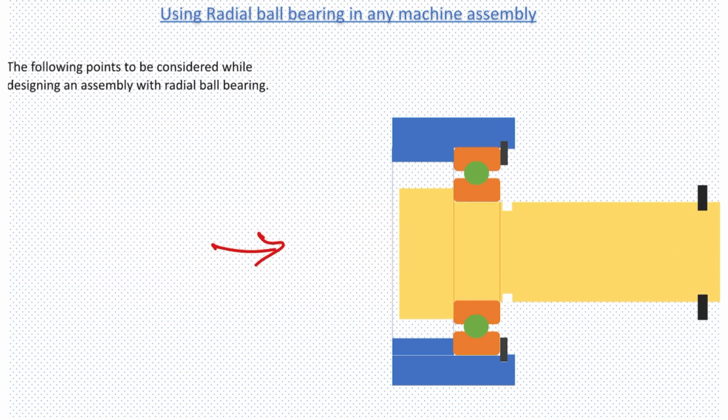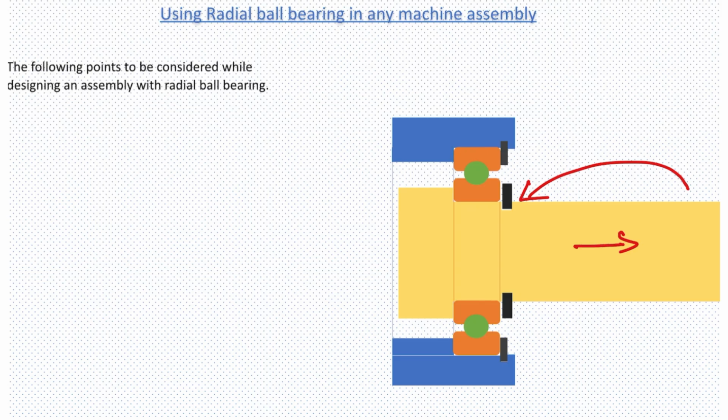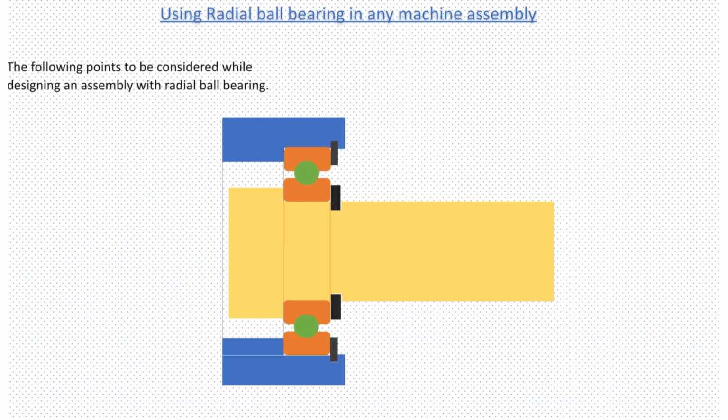Here also we are going to use a circlip so that our shaft is restricted to its position, and due to vibration or during running it doesn't come out of its position. So this is a typical simple usage of a ball bearing in a simple assembly.